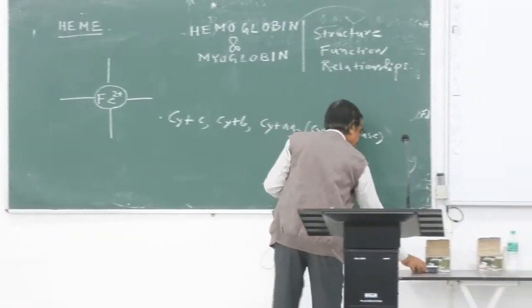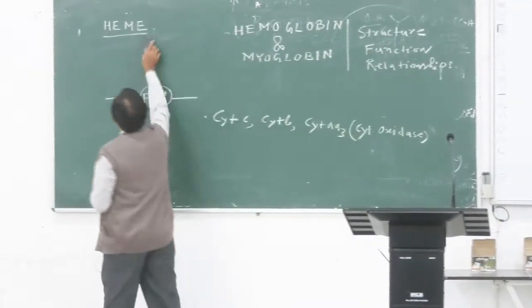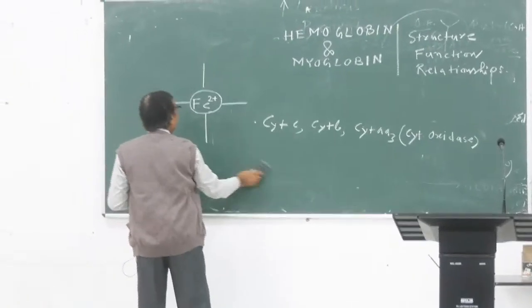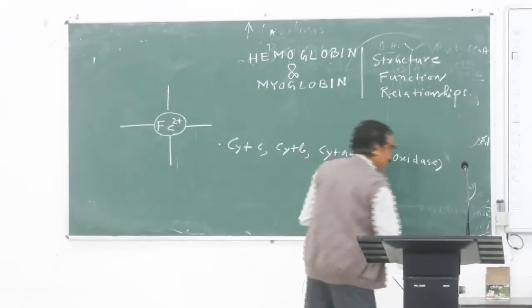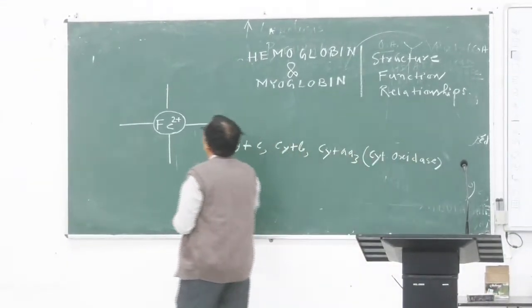The first one, second one, third one, fourth one is attached to the nitrogen of the pyrrole.